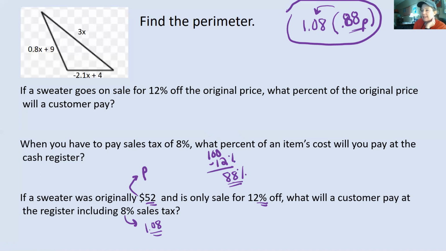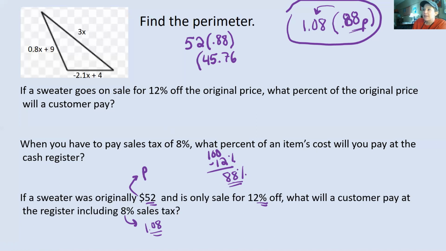So this would be an expression to figure out the total, the sales price with sales tax. So let's say our original price is $52 and we're going to find 88% of that amount of money. Well, $52 taken away 12%, 52 times 0.88 is $45.76. Now that's the sales price.